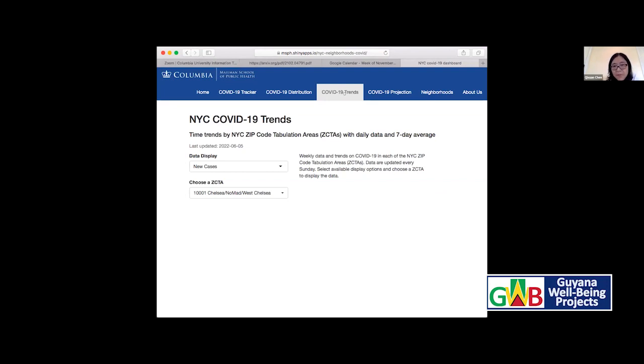It takes some time to load for the community because the dashboard is really heavy. We have a lot of information, but basically it produces a trajectory curve for each neighborhood. We also do a projection to tell people what the total number of cases would be for the next 8 weeks. We also show the neighborhood's information.